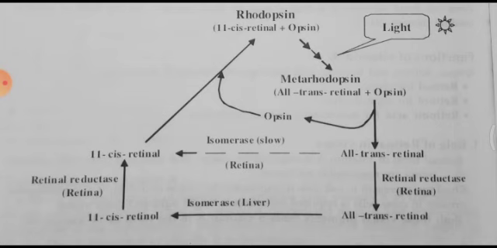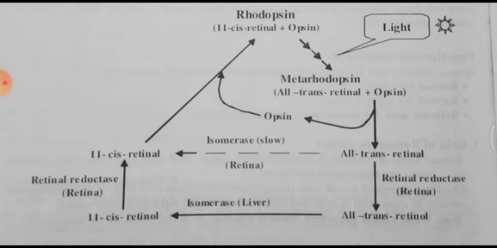Photo means light, lysis means breakdown, and it will undergo a series of biochemical reactions to form meta-rhodopsin. So meta-rhodopsin contains all-trans retinol and opsin. Previously, rhodopsin has 11-cis retinol, whereas meta-rhodopsin has all-trans retinol. Cis and trans are isomeric forms, and this meta-rhodopsin is going to cleave into two compounds.